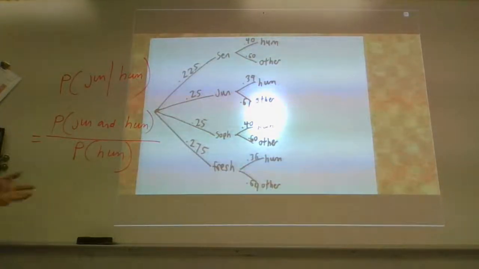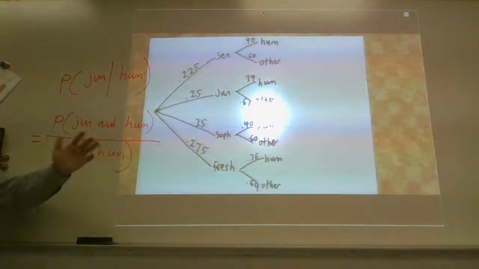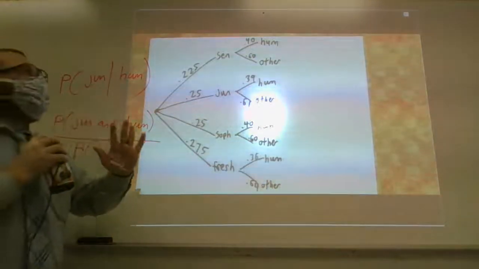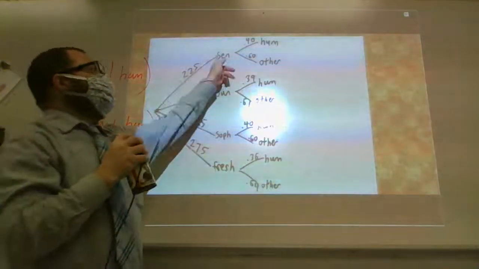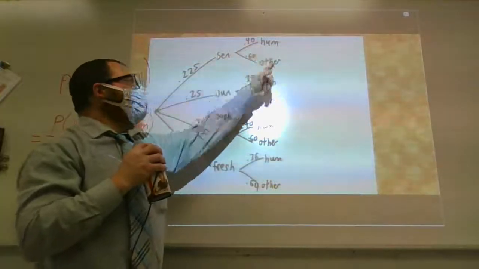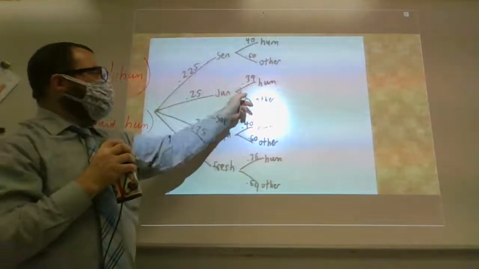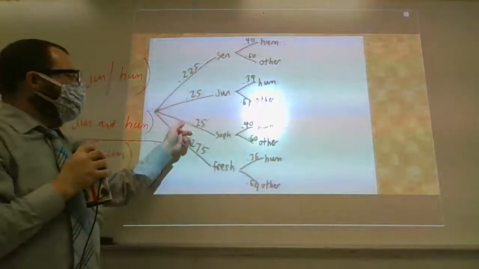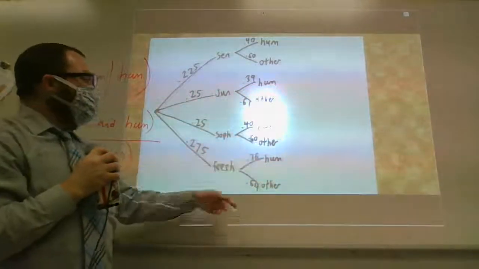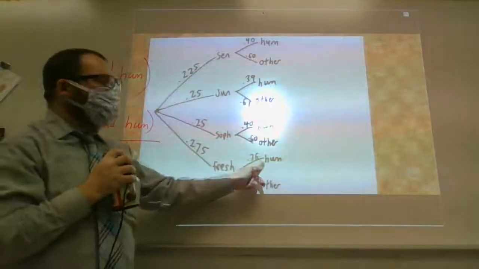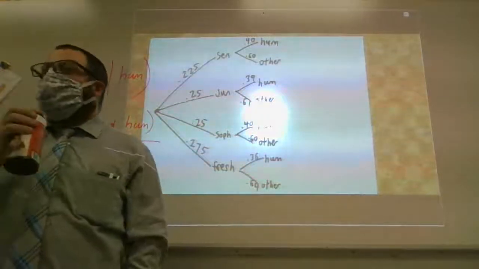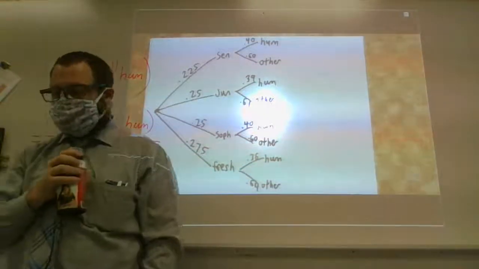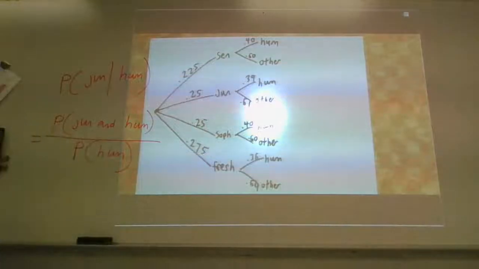Yeah. So if you want to find the humanities major, and this is why I'm not doing it right now, you would have to multiply along the senior branch in humanities, multiply along the junior branch in humanities, multiply along the sophomore branch in humanities, multiply along the freshman branch in humanities, and then add them all up. It's a fun thing.